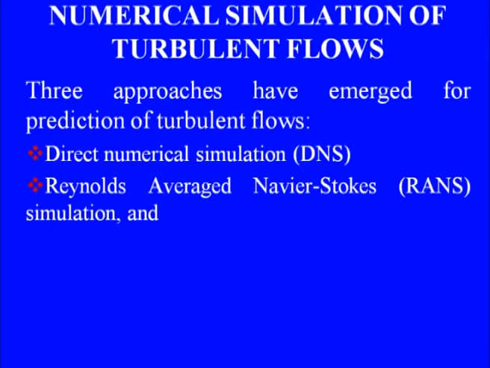So, that is what we will call direct numerical simulation. The next category is what is known as Reynolds averaged Navier-Stokes simulation, and the third one is called large eddy simulation. Now, let us have a brief look at these three simulation strategies based on the graph which we had drawn earlier in terms of the length scales.